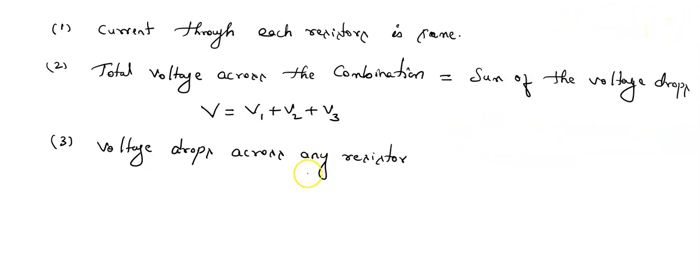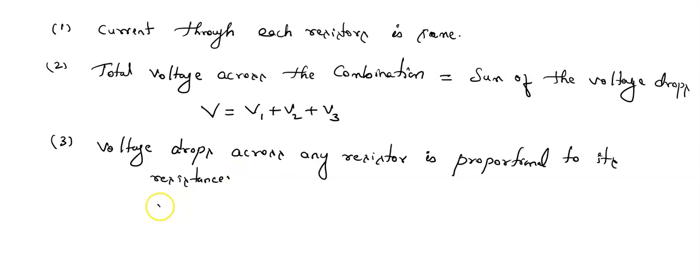So voltage drops across any resistor is proportional to its resistance. Okay, it means, for example, V1 is equal to IR1, V2 is equal to IR2, V3 is equal to IR3.